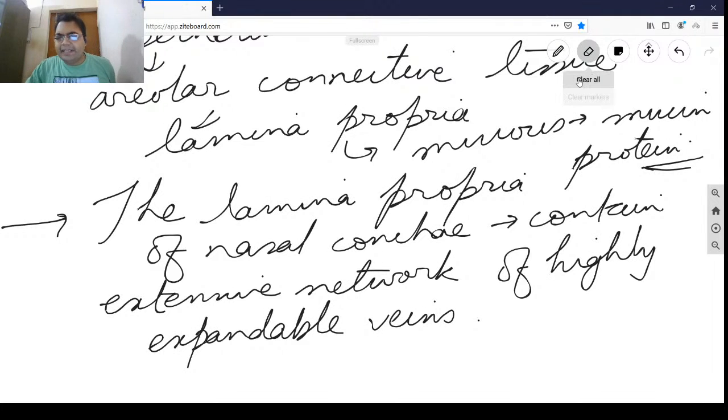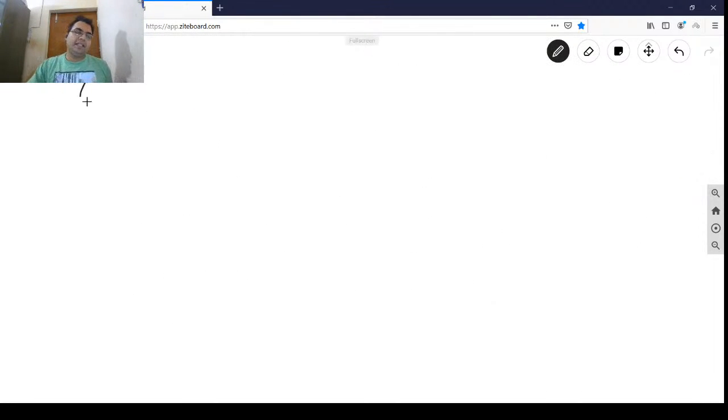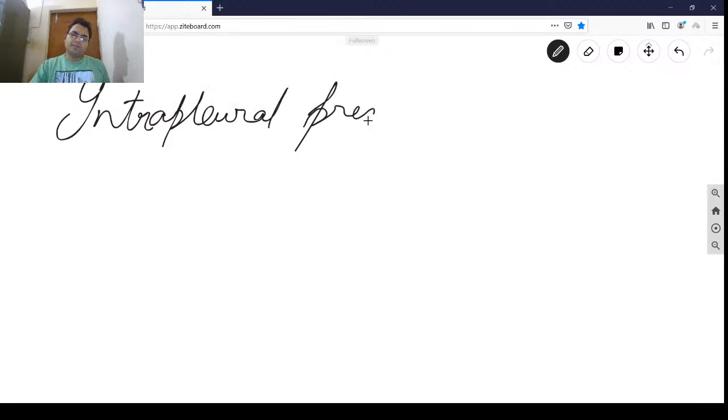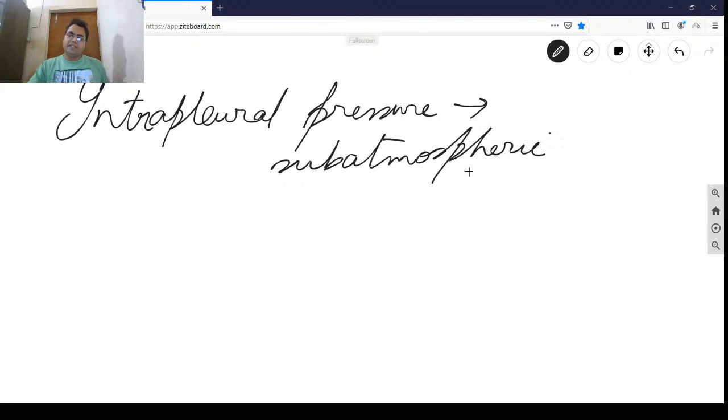why the intrapleural pressure, the pressure in the pleural membrane or the pleural fluid, is always, as I told you, subatmospheric. It is mostly 756 mm Hg.